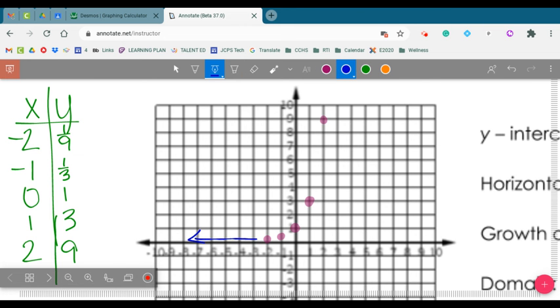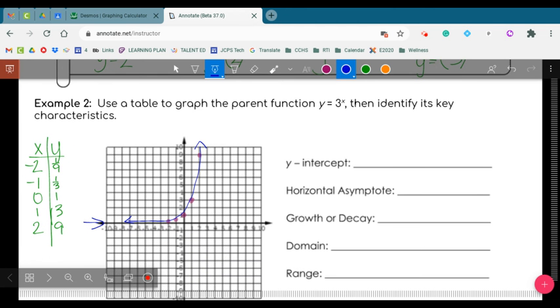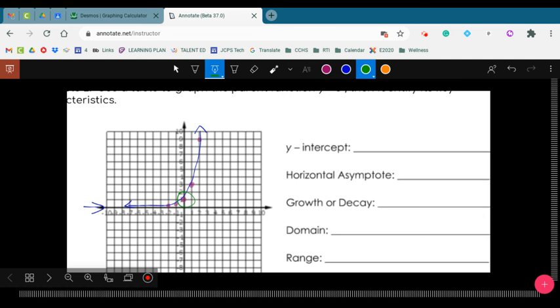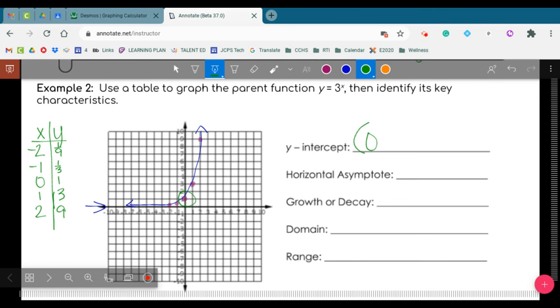So those are our points, and then we're going to graph our line. So it's going to graze the x-axis and then go up. So whatever that lowest point is, since it's like at 1/3, 1/9, it's going to keep going low, but it's never going to go below 0. So it's going to graze the x-axis right here. Okay, now going over our characteristics. Y-intercept, where it crosses the y-axis, right here, 0, 1.